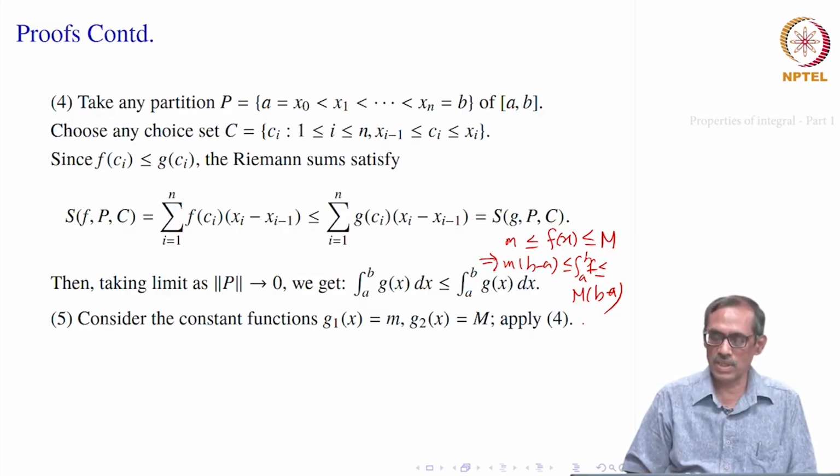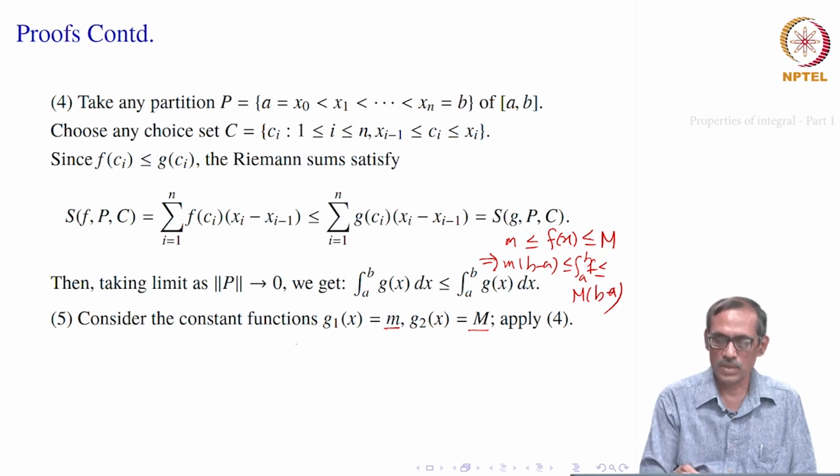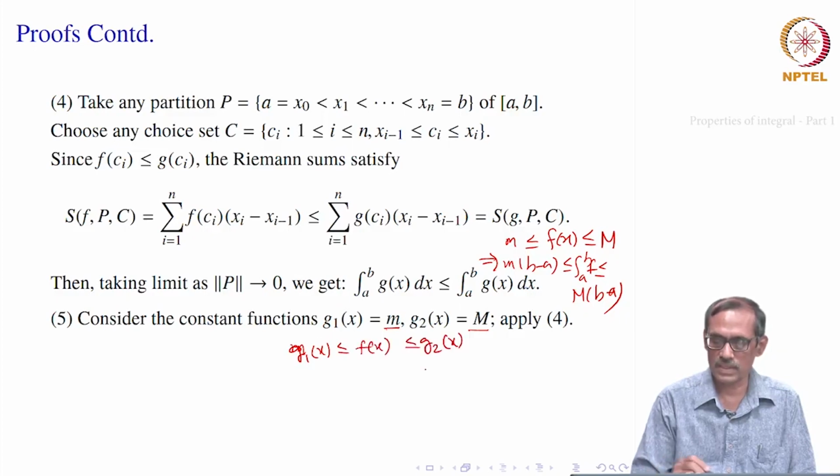So, that is easy to see now, because what we do, we take g1 of x as the constant function m, g2 of x as the constant function capital M, so that g1 of x is less than or equal to f of x is less than or equal to g2 of x. So, that will give the integral of g1 is less than or equal to integral of f less than or equal to integral of g2.